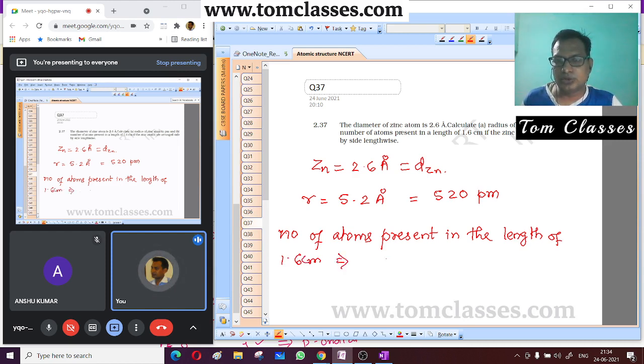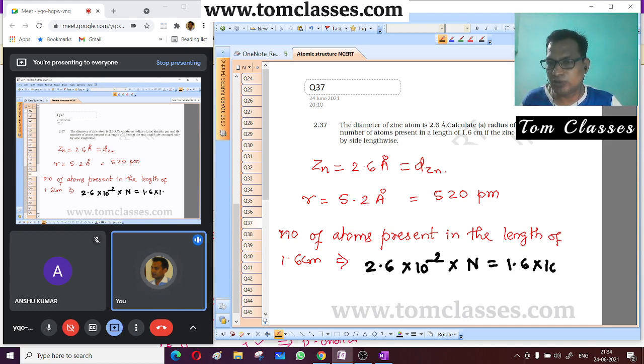Let me take diameter only. So diameter is 2.6 angstrom. That is the diameter. Say n number of zinc atoms are placed, and the total length will be 1.6 into 10 to the power minus 2 meter, right?